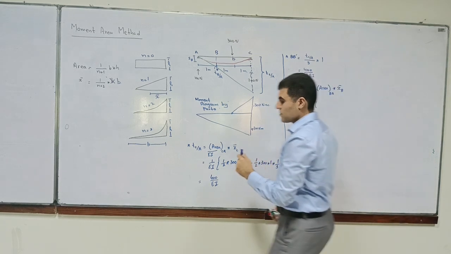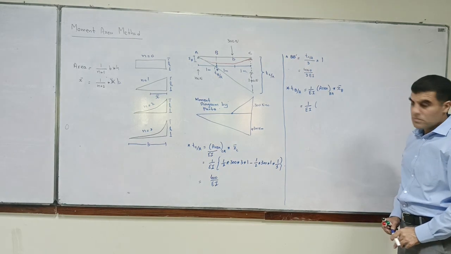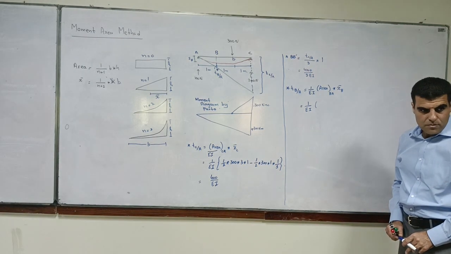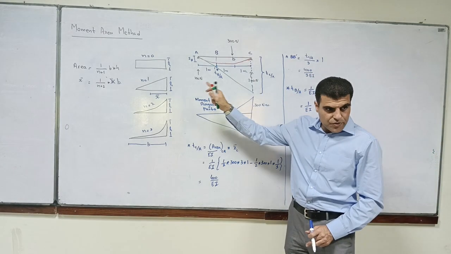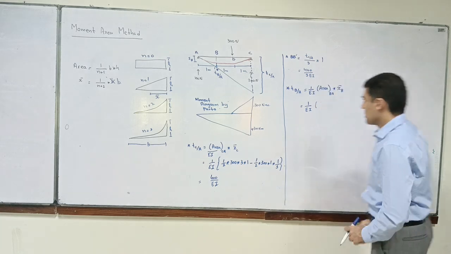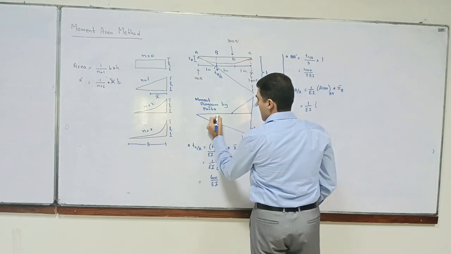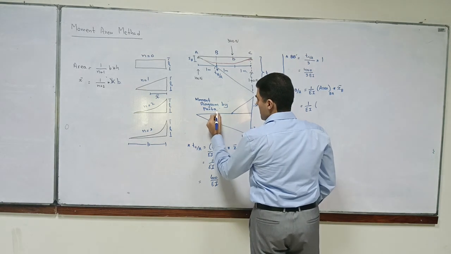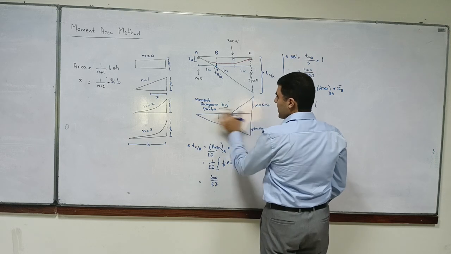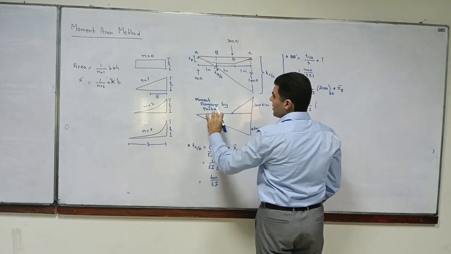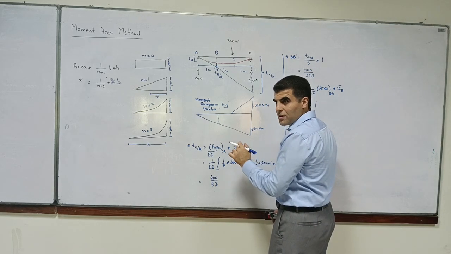Sir, you have written that result. Sir, BB bar is equal to TC over 3, perpendicular by base is equal to perpendicular by base. What is this area? 300 by 3 is equal to this by 1. So this is 100.